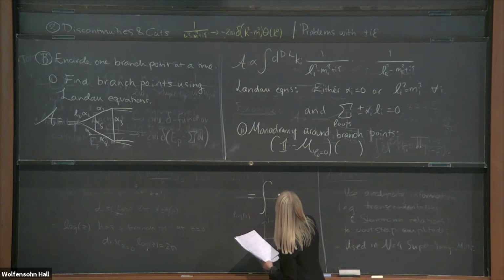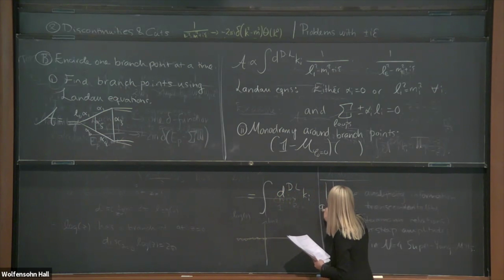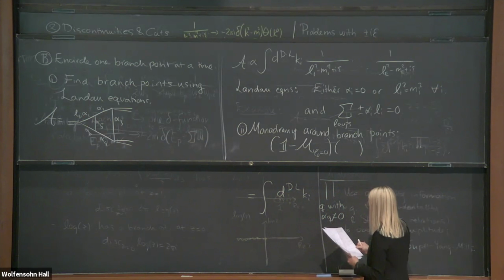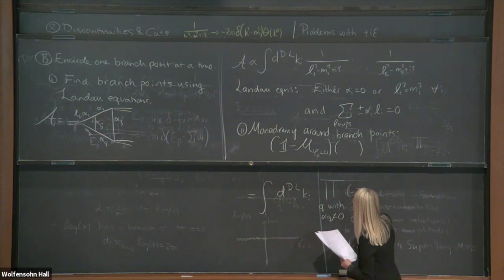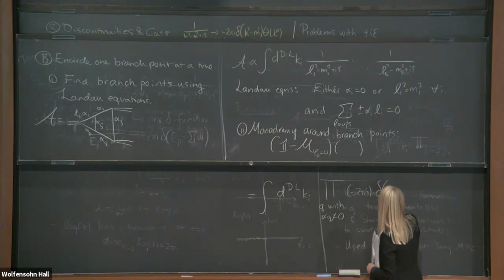Right, so this monodromy is equal to the cut integral. This is Kaikowski's formula. So for the alphas that are not 0, I cut the propagators.